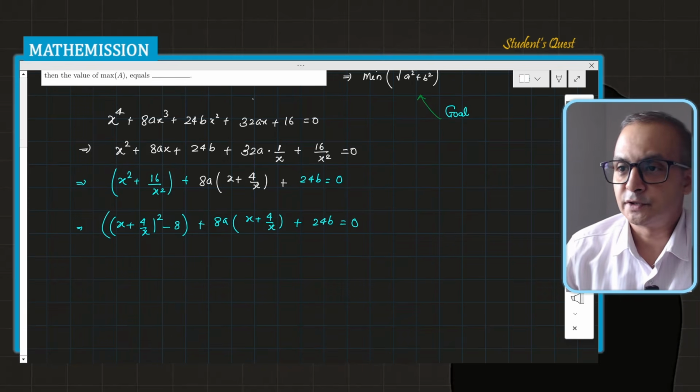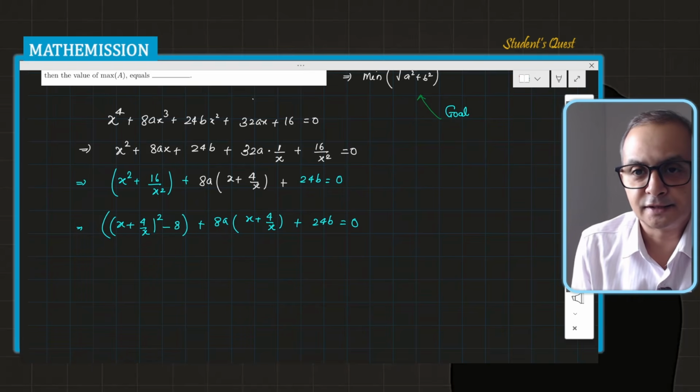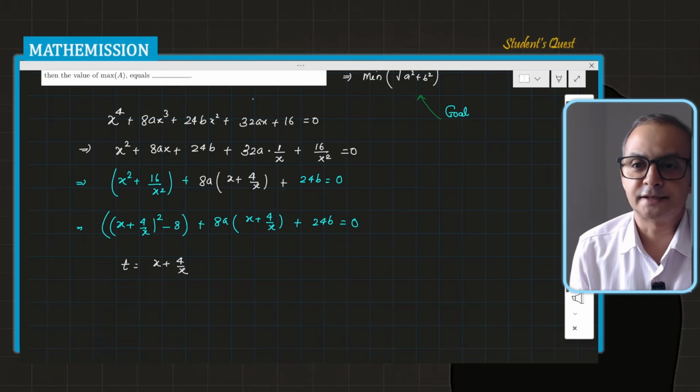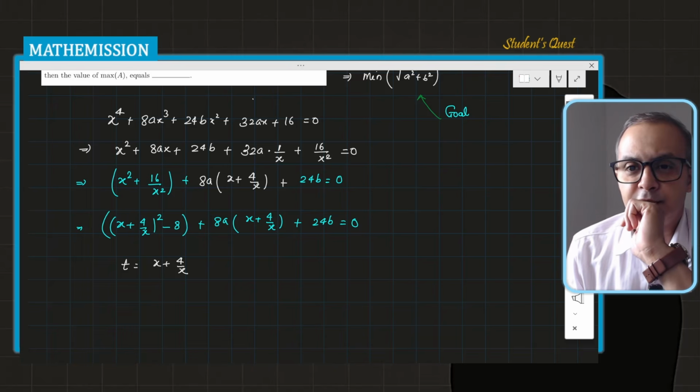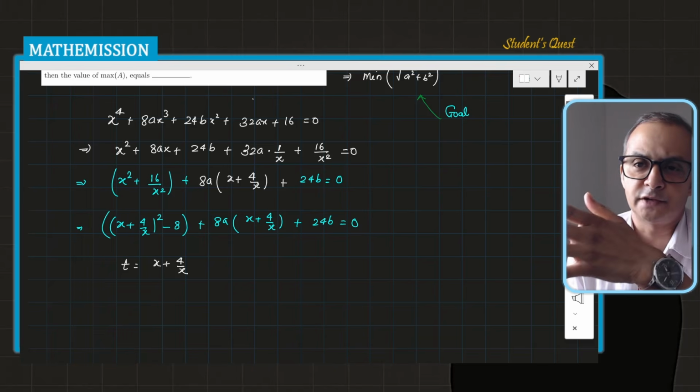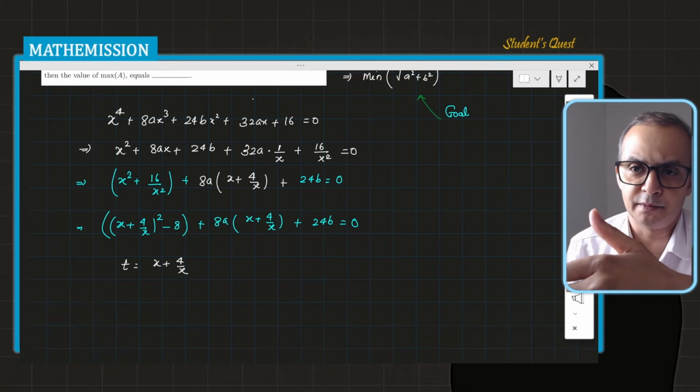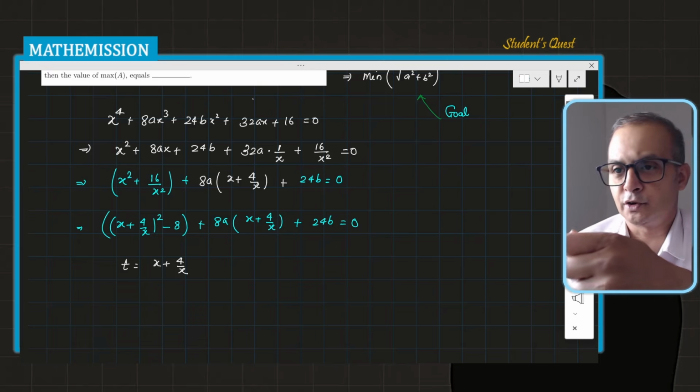Now I can assume x plus 4 by x as a new variable, let's say t. But there is one catch here: x can be any real number, so t has a restriction.